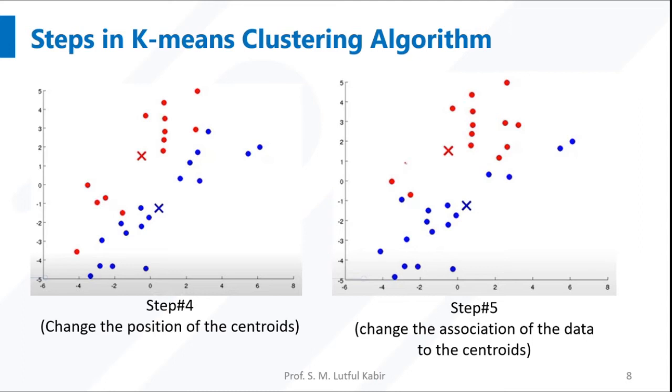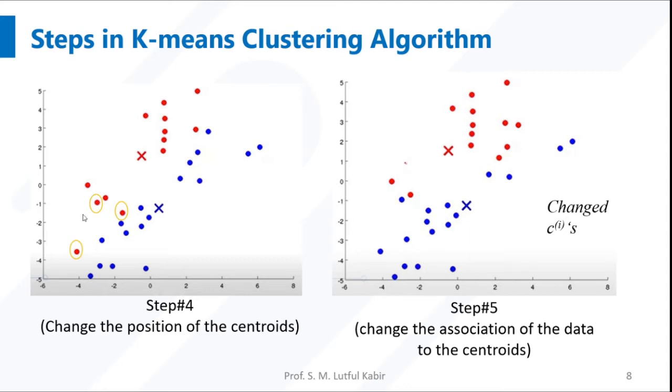For example, you can see the red centroid. This centroid has got the red color data points, the new associated data points, and the blue centroid has got the blue associated data points. In other words, the blue data points are associated with the blue centroid, and red data points are associated with the red center. You can easily compare the two figures, how the association has changed.